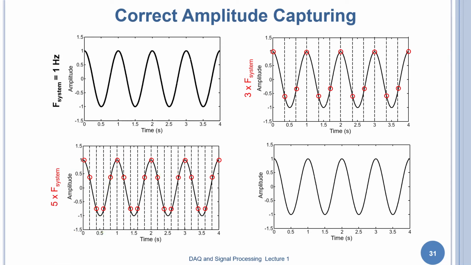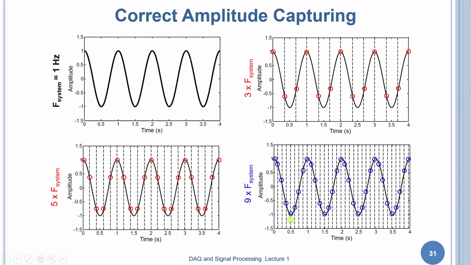If I take 9 times the signal frequency, I'm going to get a better representation of the original signal. As a thumb rule, I would always go for 20 times the signal frequency, or 20 samples per cycle. If you have higher capability, go for a higher value.